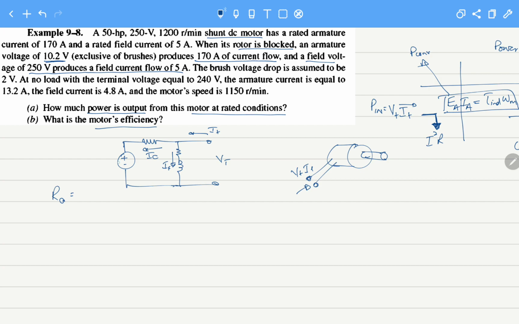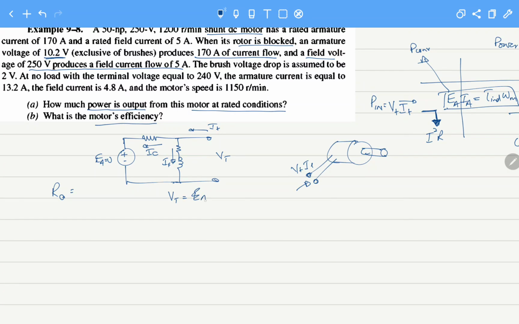If the rotor is not moving, EA equals 0. In a shunt motor Vt equals EA plus Ia Ra, so with EA equal to 0, the terminal voltage is 10.2 volts.